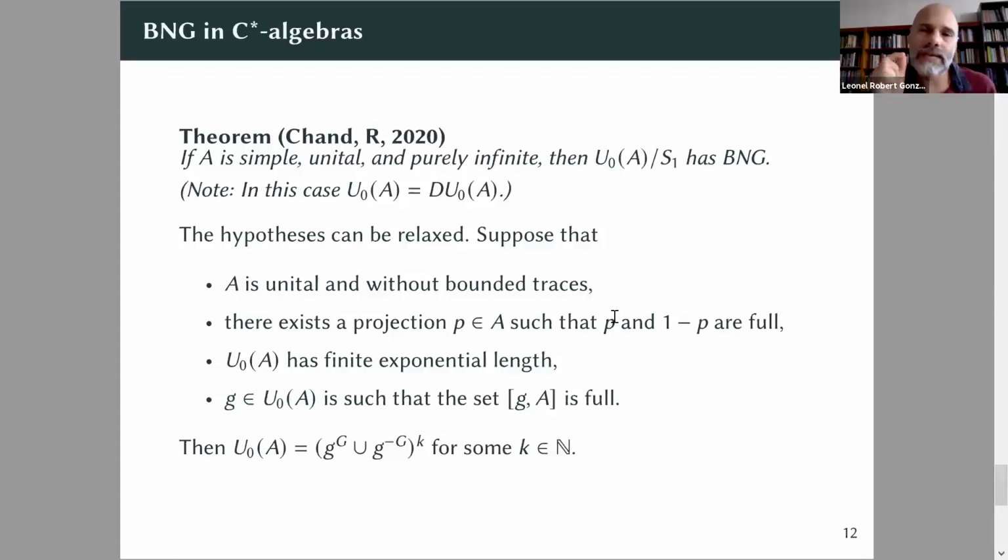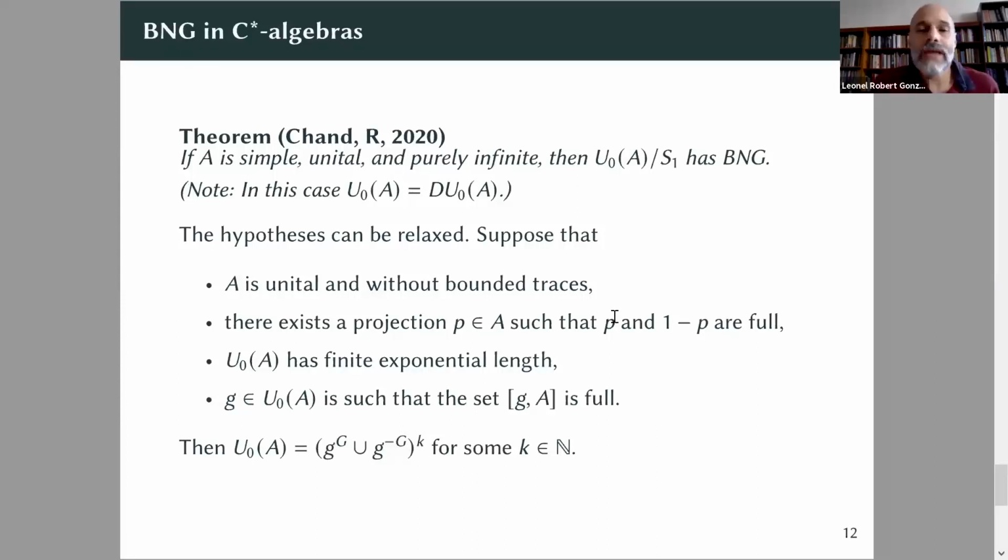Finally, I need to take an element G that is non-central, but I want that in no quotient does this unitary become central. That's basically the last hypothesis. Another way to put it is that its set of commutators with the whole algebra is a full set.